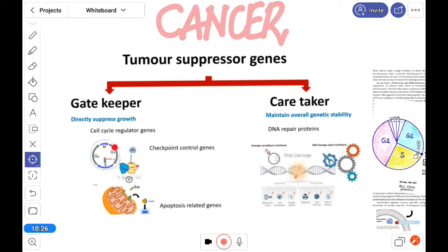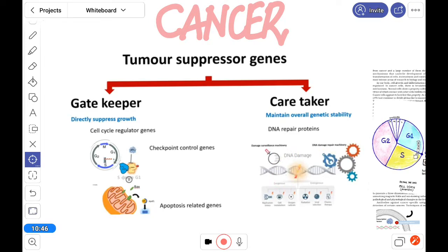It means that when it is valid, it can allow the cycle to go or it can stop it. So one regulation is there. It controls the checkpoint, and as a caretaker it can repair the DNA, the minor damage it can repair.